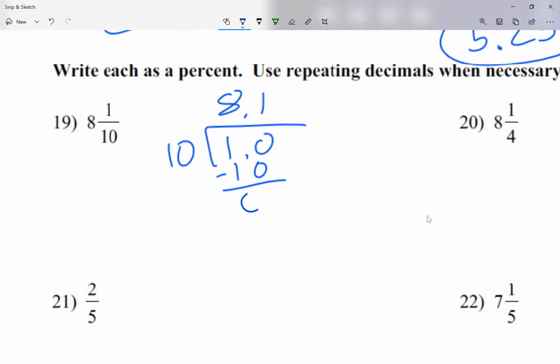When I subtract this, I get nothing. So my answer as a decimal is 8.1. But now I need to make this a percent. Move the decimal point 2 places to the right. If you need to add an extra 0 here, by all means do so. Now move it 2 places to the right. So it's going to give me 810%.